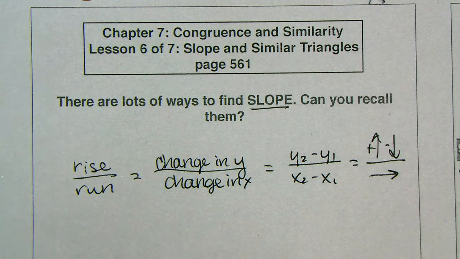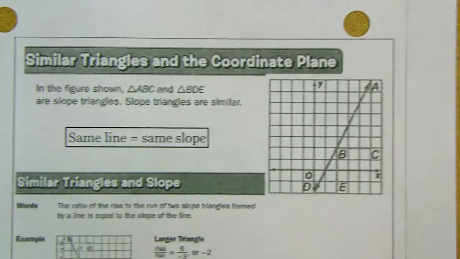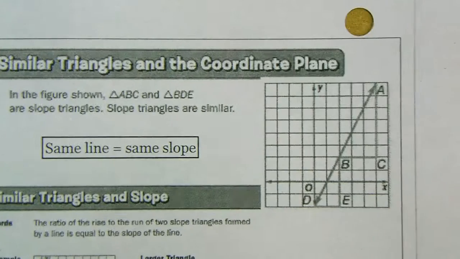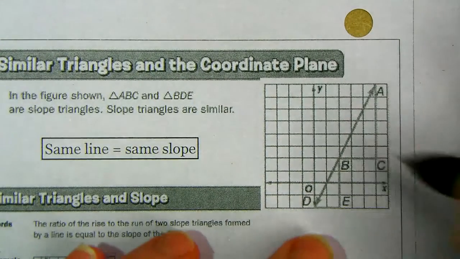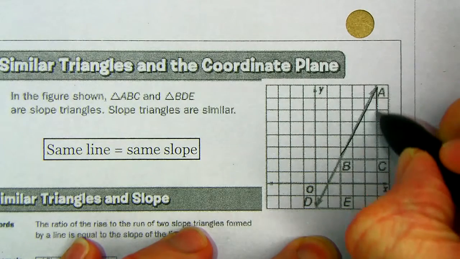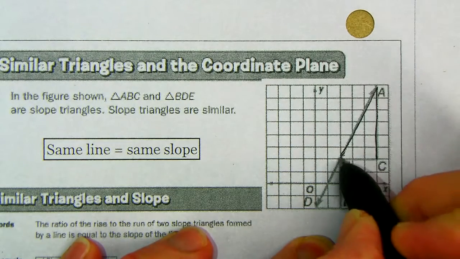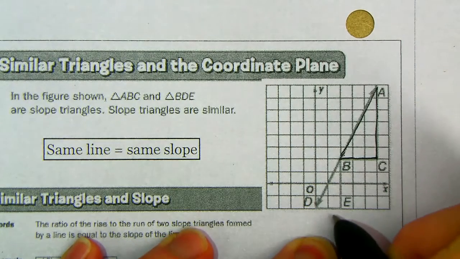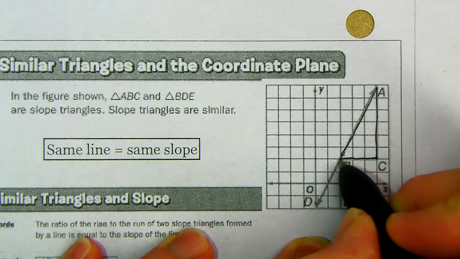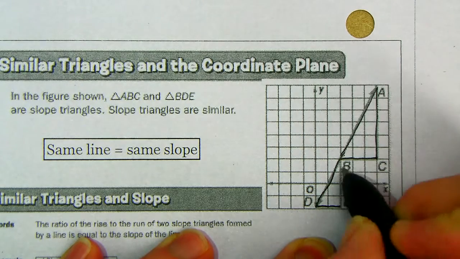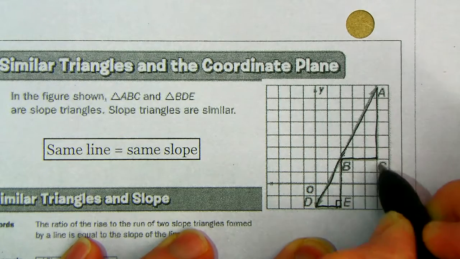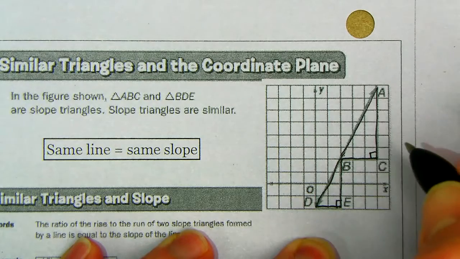What's cool about this is if you have two similar triangles in a coordinate plane. So take a look at this right here. We've got two triangles. We've got ABC, which is a right triangle, and we have triangle BDE. Notice that they're both right triangles, and their hypotenuses are lying on the same line.